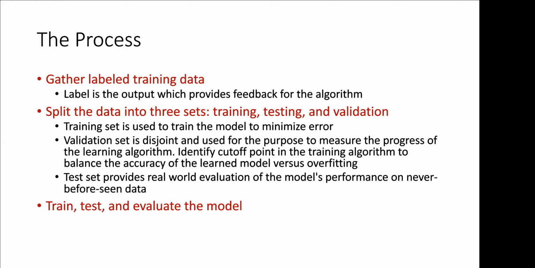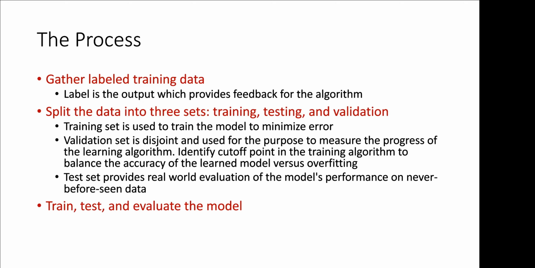Second step, we split the data into 3 sets: training, testing, and validation. Validation gets a little bit more complex and time consuming, so because I don't want to keep you guys for a long time, I'm just going to look at the training set and the testing set. So what is the training set? The training set is used to train the model to minimize the error.